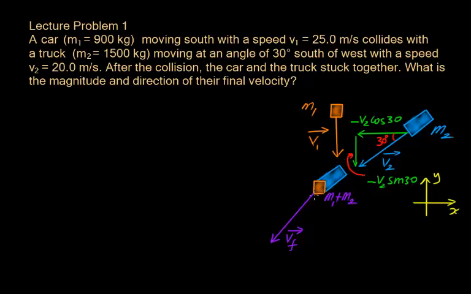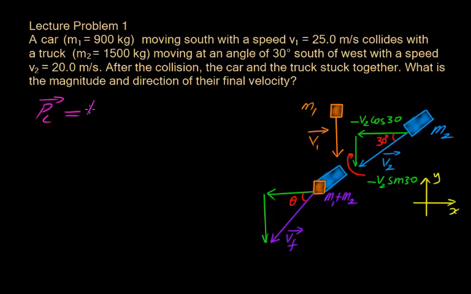The final velocity of the truck and the car is also going at an angle with respect to the x-axis, therefore we need to break it into components. The x and y components of this v final will be evaluated later. Since this collision is happening under a net force equal to 0, the momentum initial must equal the momentum final.